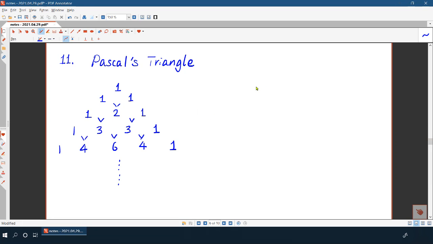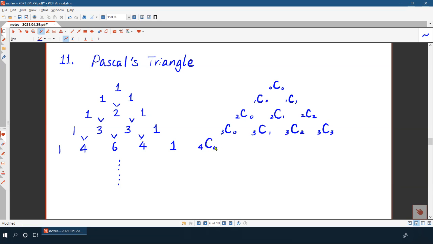And these numbers correspond to combination numbers. So in row 0, this is C00, right? For row 1, this is C10 and C11. Next row we have C20, C21, and C22. Next we have C30, C31, C32, and C33.